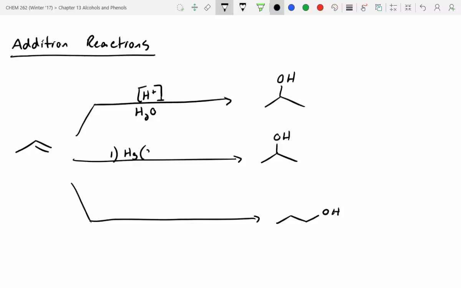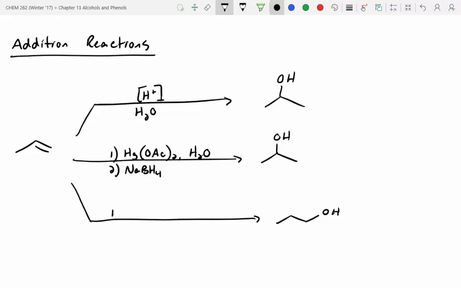So Hg(OAc)2, water, and then what do we have in step 2? Sodium borohydride. Yeah, sodium borohydride, NaBH4. This reagent's going to come back a lot in this chapter. It's a really useful reagent for making alcohols. And then what about the last one? What if we want the anti-Markovnikov alcohol?